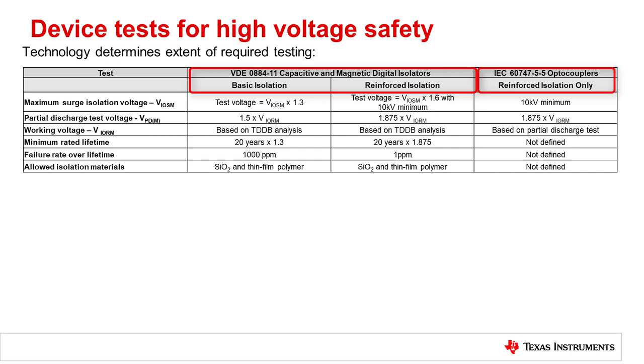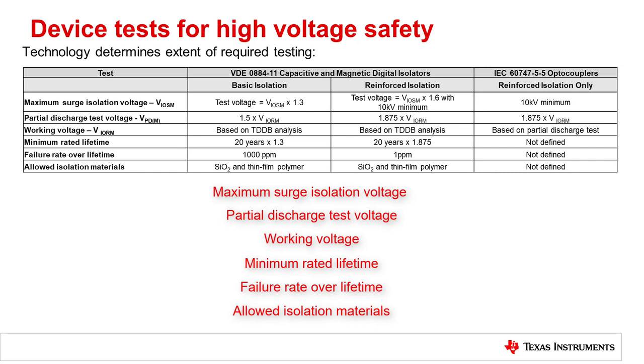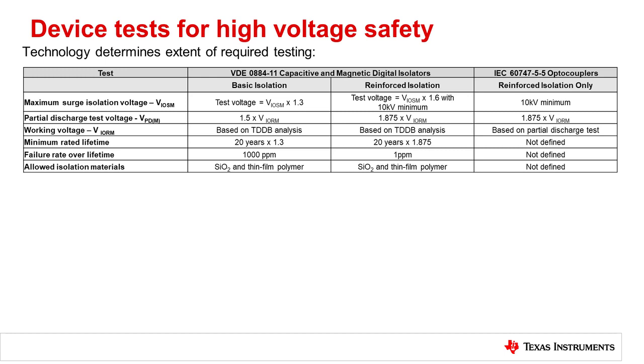There are 6 key areas highlighted to demonstrate differences between these standards: maximum surge voltage, partial discharge test, working voltage, minimum rated lifetime, failure rate over lifetime, and allowed isolation materials. We will briefly review these tests and definitions and what they mean to the performance of the isolator.